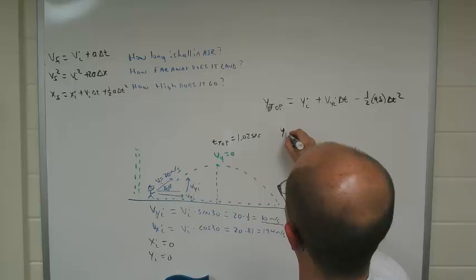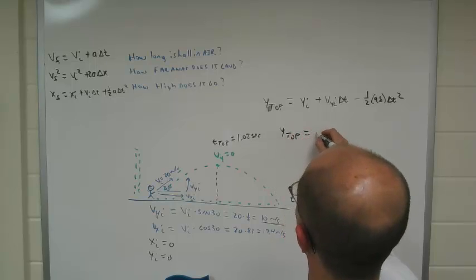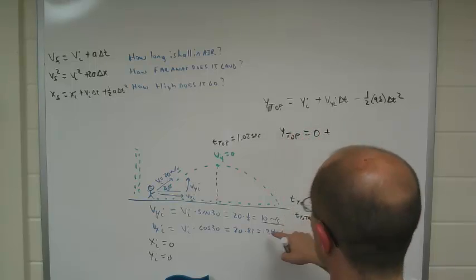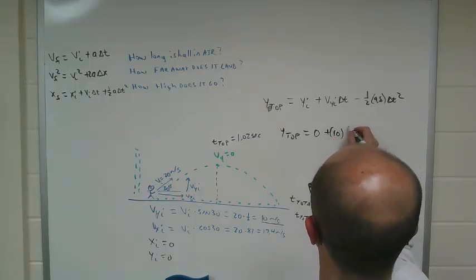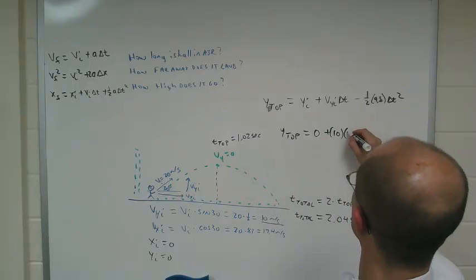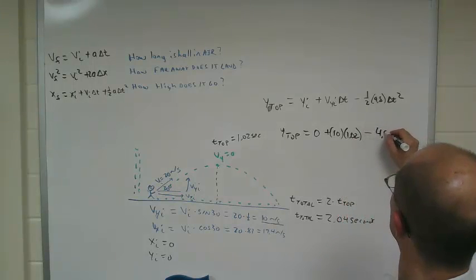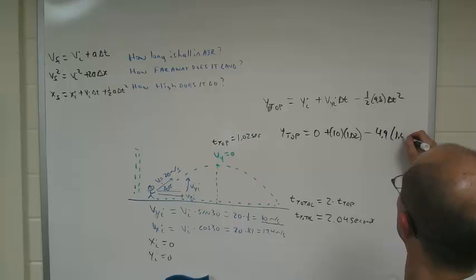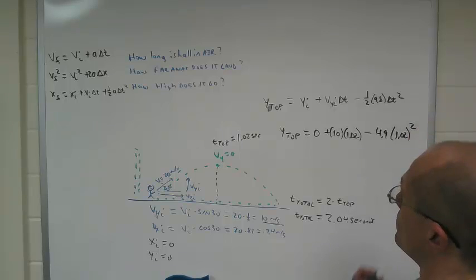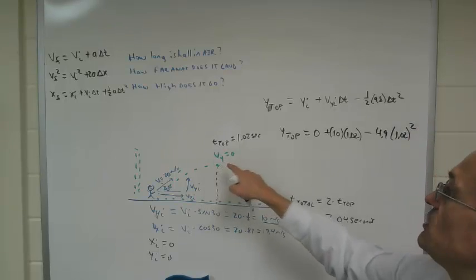So y to the top is 0 plus our 10 times our delta t to the top, 1.02, minus the 4.9 times 1.02 squared, because we're looking for our position at the top.